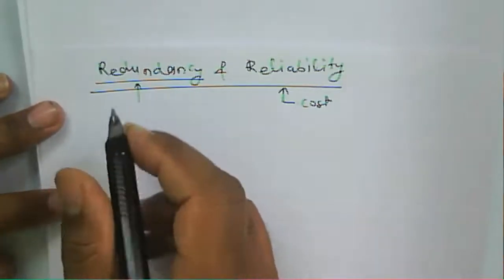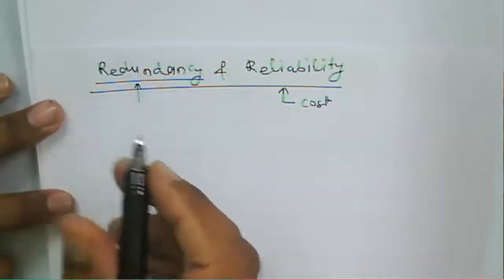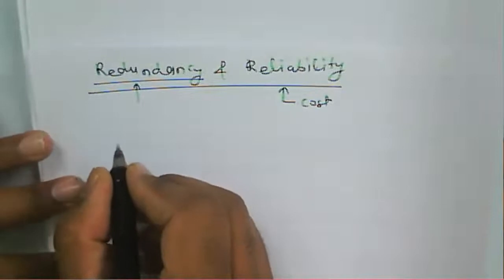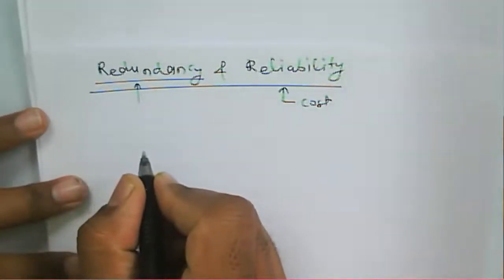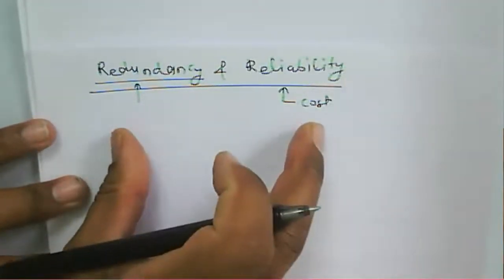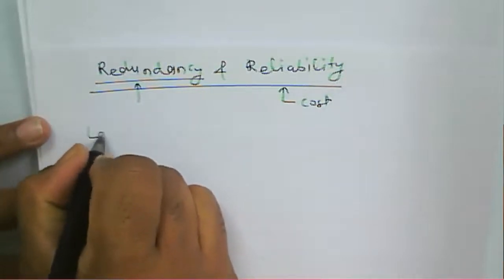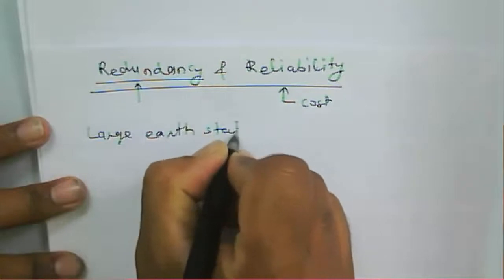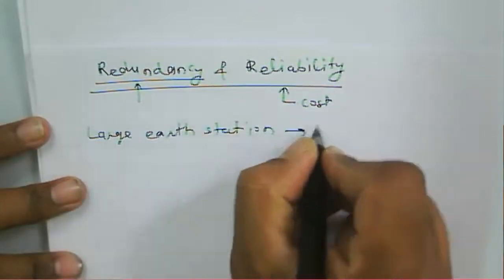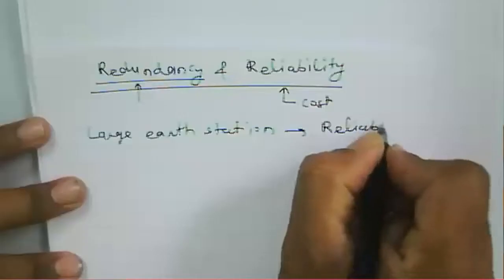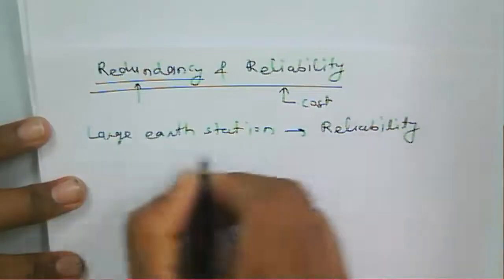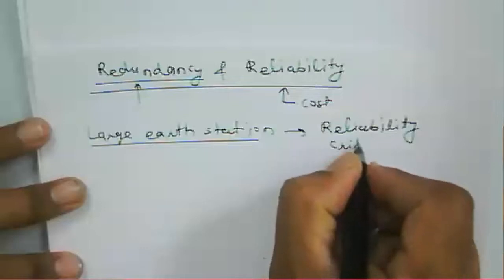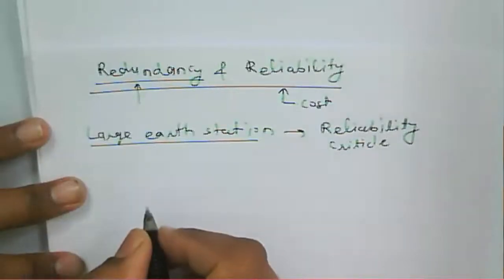Because we can have a large earth station carrying large traffic, in that case reliability will be critical for the large earth station. We can say that because of the large earth station and large traffic, reliability will be a critical thing.